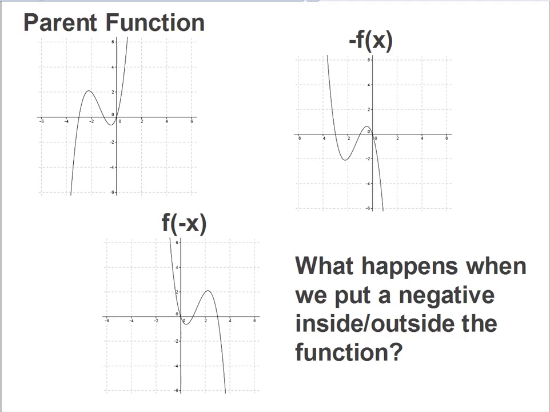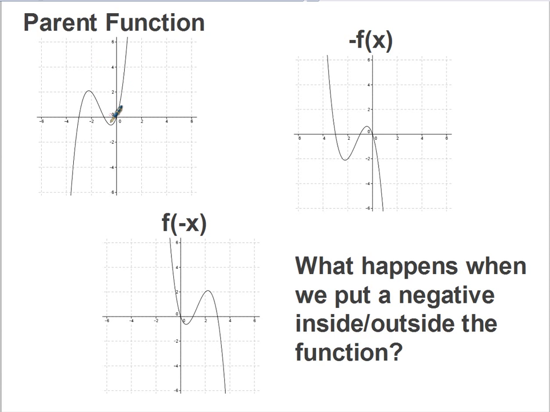Alright, the last thing we're going to look at today is what happens if there's a negative with my function. A negative creates a whole different scenario for us. So let's take a look. My parent function this time, I had chosen x to the 3rd power.